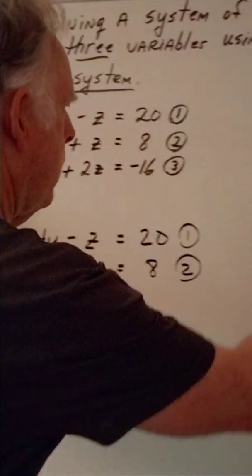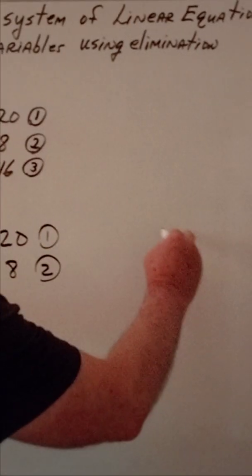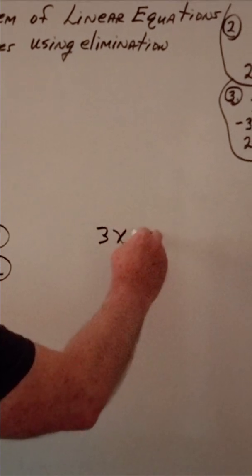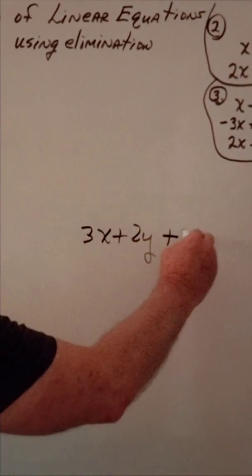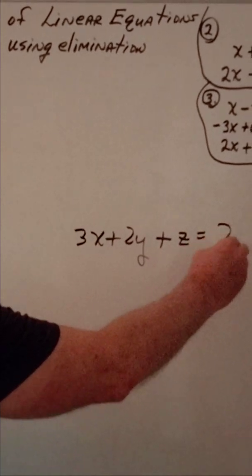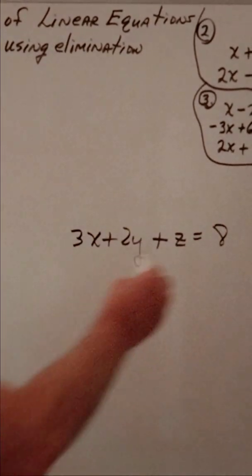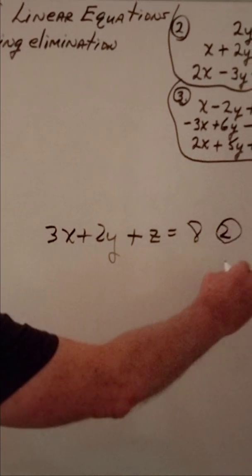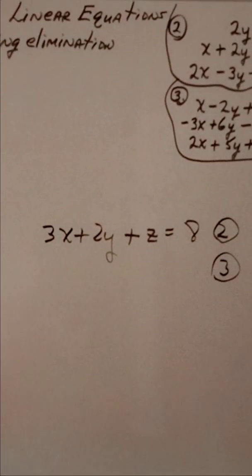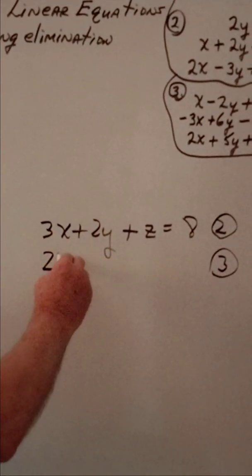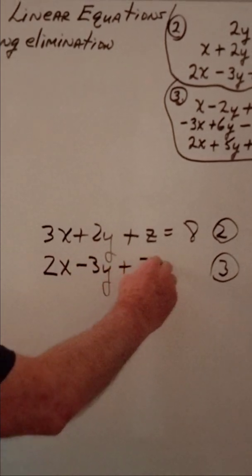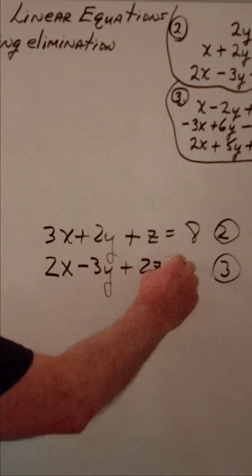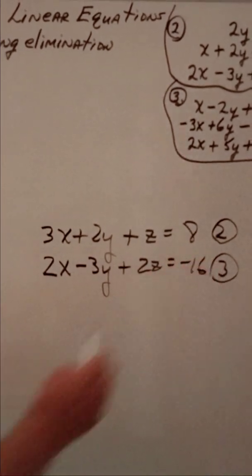And we'll just situate those right over here in this area. 3x plus 2y plus z is equal to 8. That's number 2. And then number 3, 2x minus 3y plus 2z is equal to negative 16.